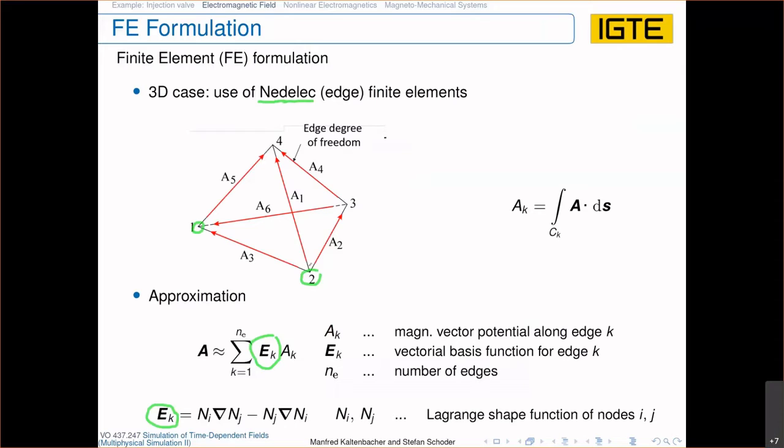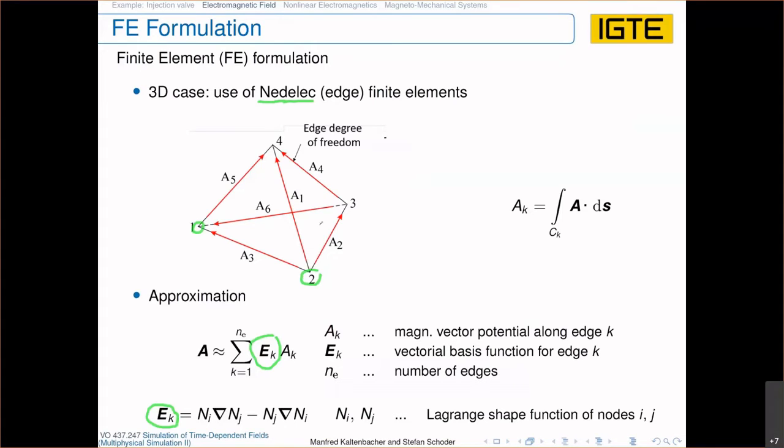Since these basis functions and the unknowns are really the projections along the edges, when you have two elements and the two elements have different materials, then by definition the continuity of the tangential component of the magnetic vector potential is fulfilled. That is by definition, which we do not have for nodal finite elements.